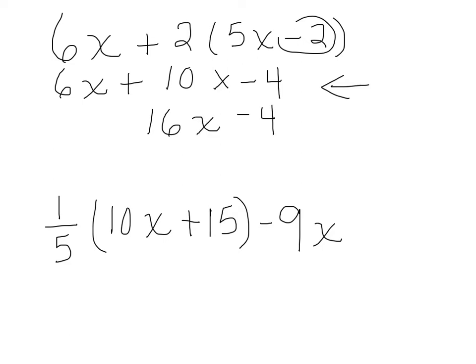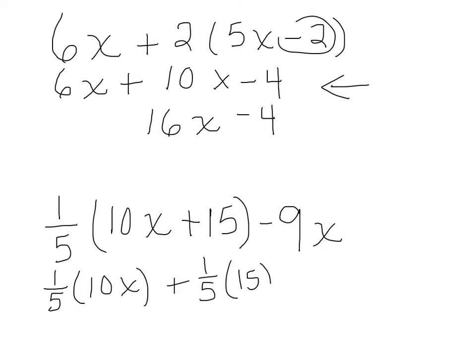The last example is where we have a fraction that we are distributing to each term in the parentheses. So this is 1/5 times 10x plus 1/5 times 15 minus the 9x. 1/5 of 10 is 2. I know some of you like to make this into a little fraction and do the multiplication.